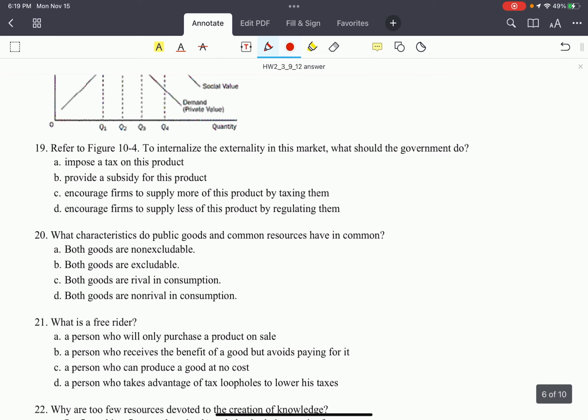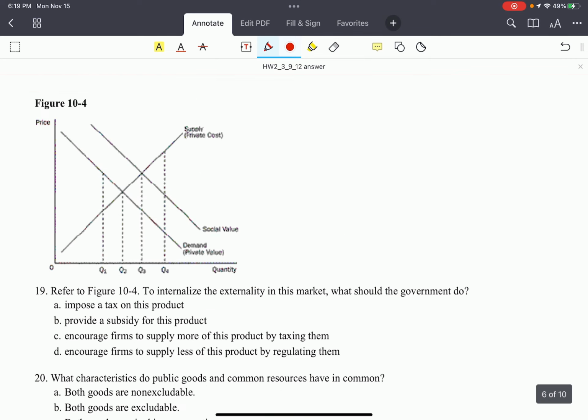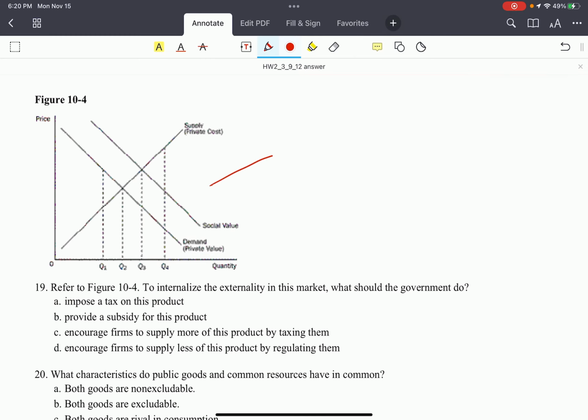Okay. 19. Refer to the above figure. To internalize the externality in the market, what should the government do? Okay, so this one is exactly what we have learned in the lecture note about education, right? Basically there is positive externality to education, so the social benefit is larger than private benefit.